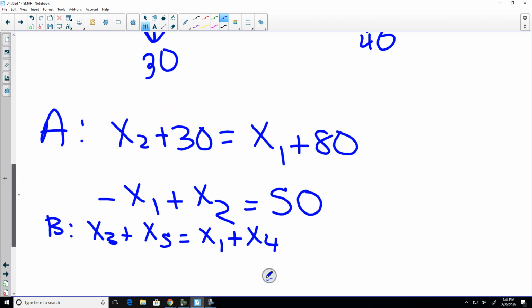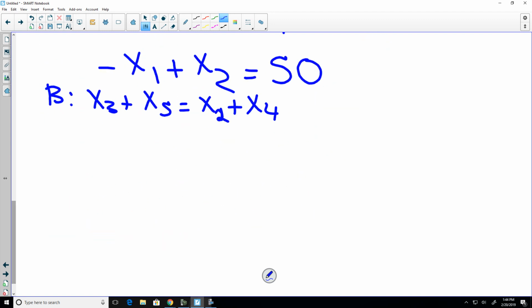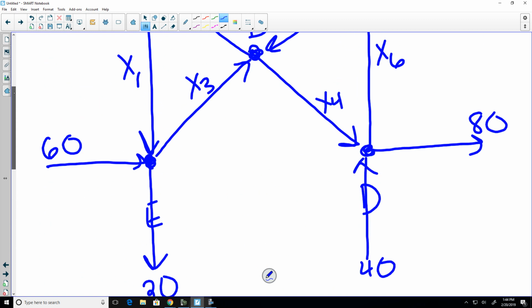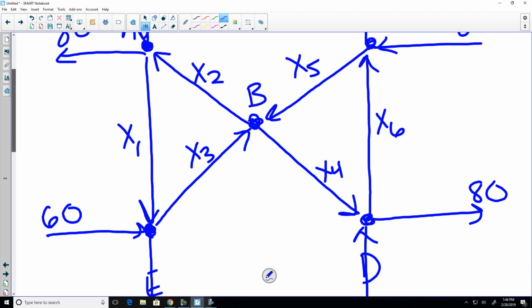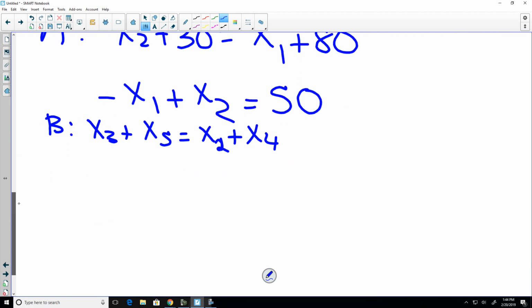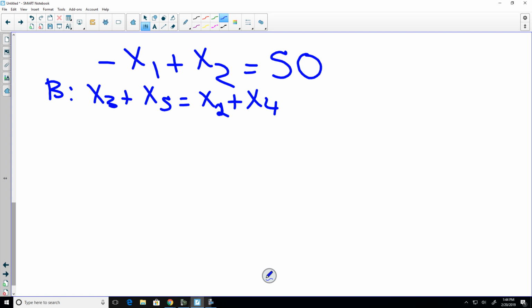Let's make sure it's X2, yeah. Now we want to rewrite it so it'll go into the matrix. So X2 first, then X3, then X4, we have to bring it over, then X5, and that has to equal 0. There's no constant in that one.